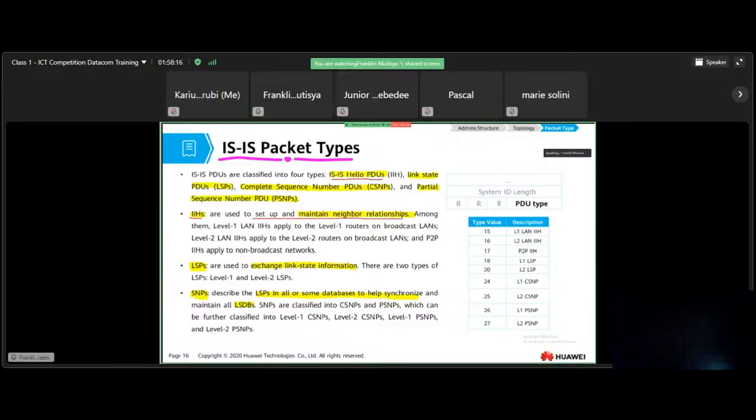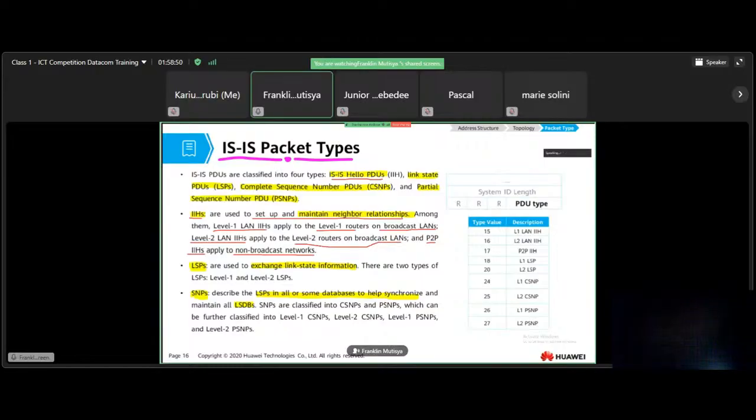So among them, we have level one local area network IIH, which applies to level one routers on broadcast local area networks. Then we have level two LAN IIH, which applies to level two routers on broadcast local area networks. And we have point-to-point IIH, which applies to non-broadcast networks like point-to-point.